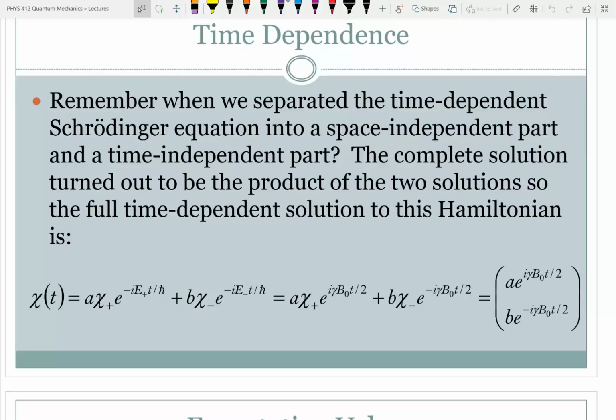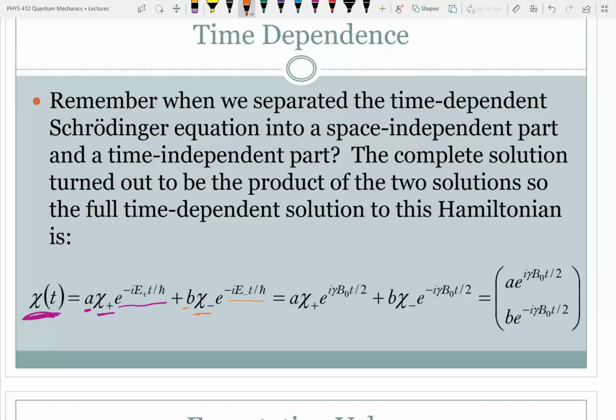So we could say that our spin wave function is equal to some constant times spin up times e to the minus i E plus t over h bar, plus a second constant times the spin down state, e to the minus i E minus t over h bar.